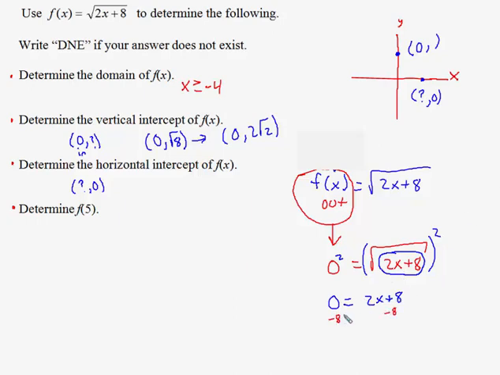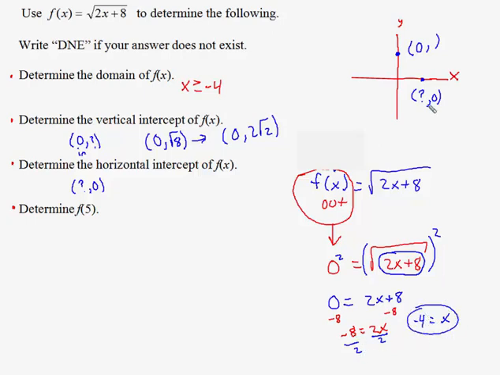I would start by subtracting 8, and that would get rid of this. This would simplify out. I'd be left with 2x. 8 subtract 8 is 0. I won't write that. 0 subtract 8 is negative 8. And now that I have it down to this form, since the 2 is being multiplied here, I can divide it, and it would simplify out because 2 divided by 2 is 1, leaving me with 1x equals, and then a negative 8 divided by 2 is negative 4.